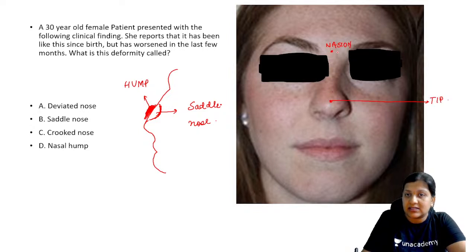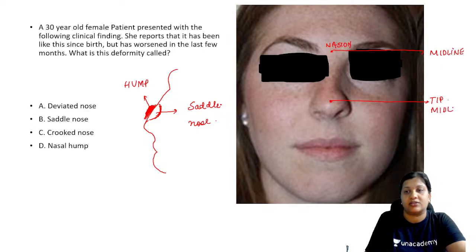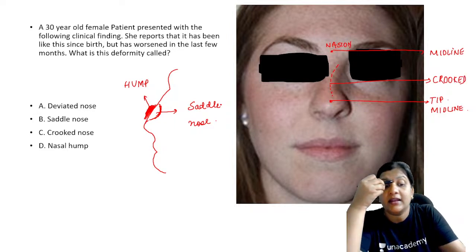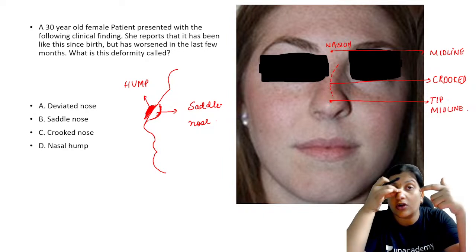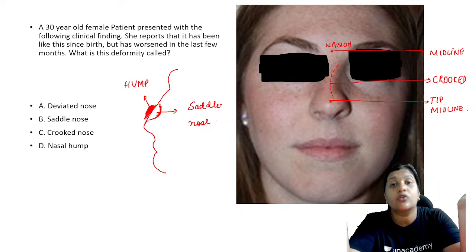Now, if the nasion is in the midline, and the tip is also in the midline, but the rest of the dorsum has got deviated like this, then we call it a crooked nose. So nasion in the midline, tip is also in the midline, but the rest of the dorsum has got shifted, we call it a crooked nose.